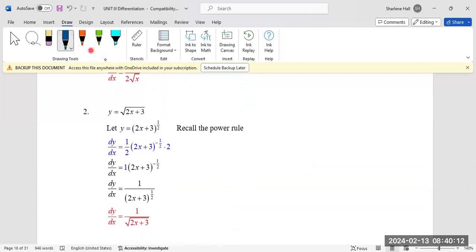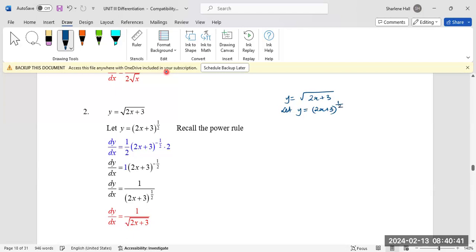So let's go. y is equal to the root of 2x plus 3. We're converting the root of 2x plus 3 to something that is more workable. So we're going to let y be equal to 2x plus 3 raised to the half power.